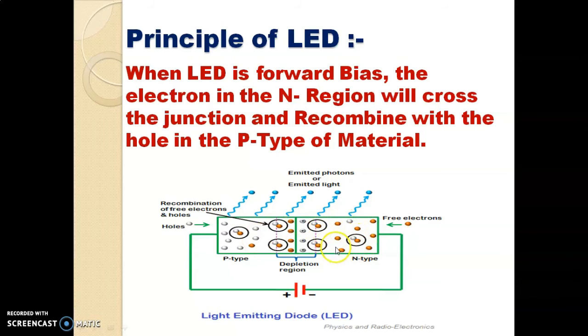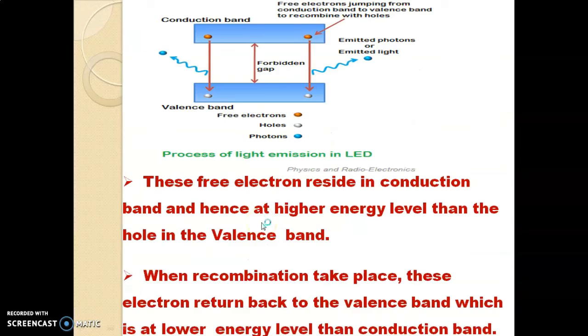N type has a majority of electrons and a minority of holes, and P type has a majority of holes and a minority of electrons. When the external DC supply is applied to both terminals, with anode positive and cathode negative, this light emitting diode is forward biased, so the electrons try to move into the P region. That means electrons will recombine with the holes.